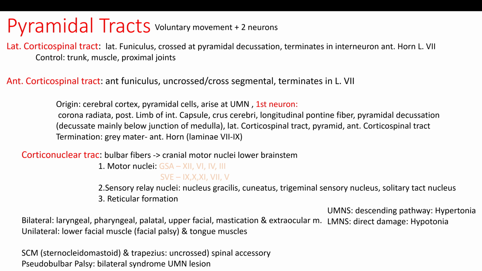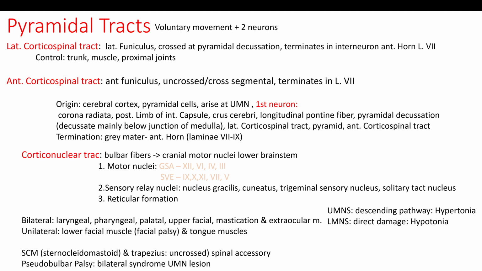Its termination is at the gray matter of the spinal cord anterior horn, spinal lamina 7 to 9. And the corticonuclear tract or corticobulbar tract projects to cranial motor nuclei in the lower brainstem.